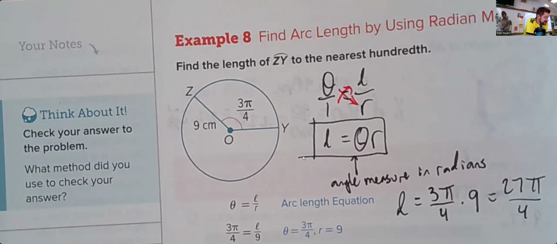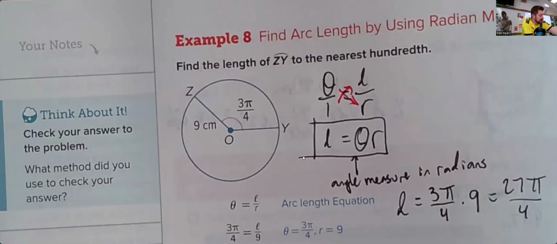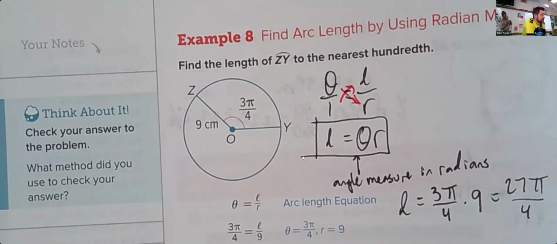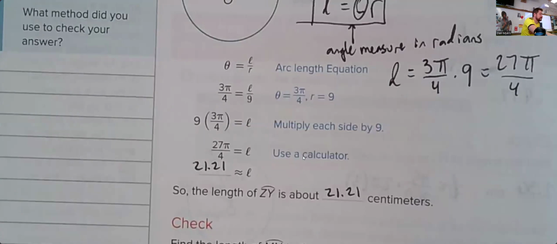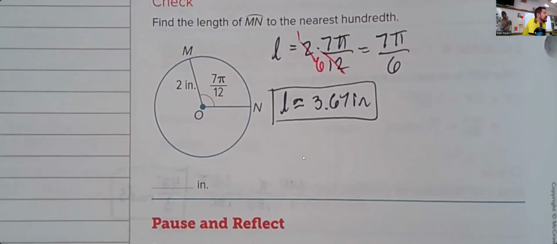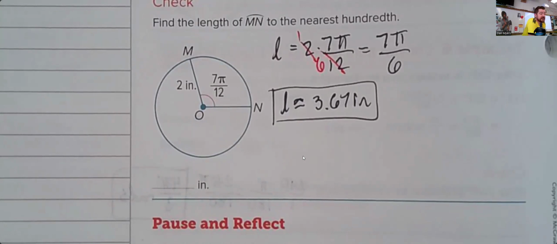So in inches, what is the approximate length of arc MN? Yeah, about 3.67. Good. So we're going to have 2 times 7 pi over 12, which is 7 pi over 6, which is about 3.67.